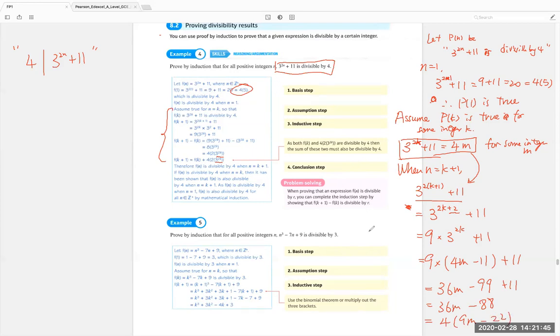So therefore, Pk plus 1 is true. You can see that my calculation is a little bit simpler than the one in the textbook. So Pk plus 1 is true, and the last step is by induction, Pn is true for all positive integers. Okay, any question?